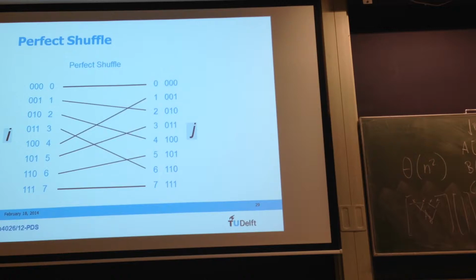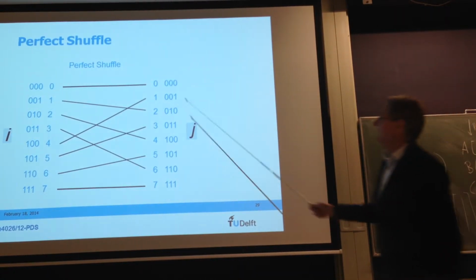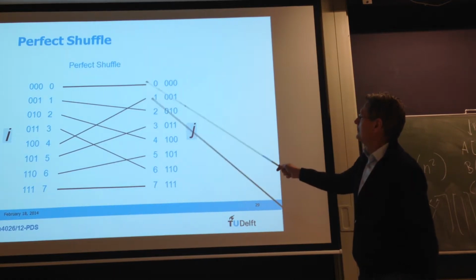It's coming from a deck of cards where you divide the deck in two halves, right? And you kind of put the cards in between one another, right? And that you see here. This is a kind of elegant pattern.